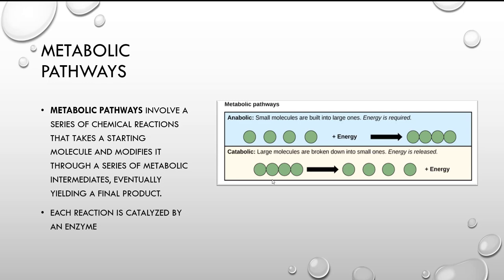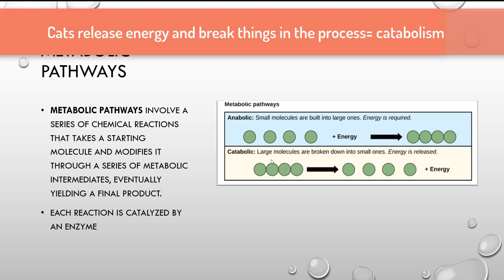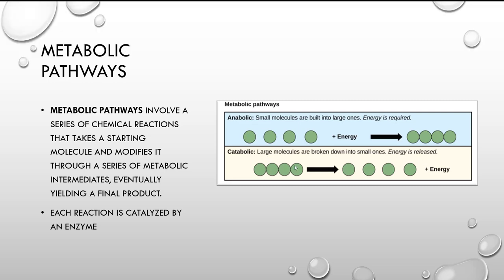One way I remember the difference between catabolism and anabolism is to think of cats. Cats break things, right? Because they're full of energy, and they use that energy to break things. So in a catabolic reaction, energy is released, breaking the bonds that hold the molecules together.